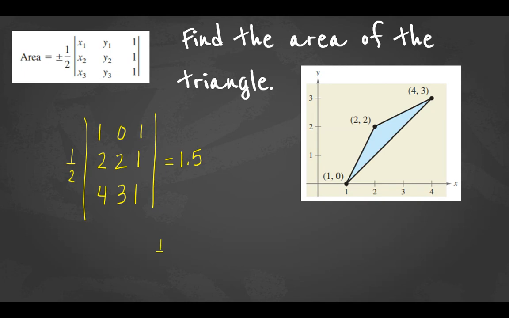So you can actually type this whole thing right into your calculator. I just entered it as A. What's the plus and negative? When you plug this all in, you get negative 1.5. But area can't be negative, so the plus or minus tells you to make your answer positive.